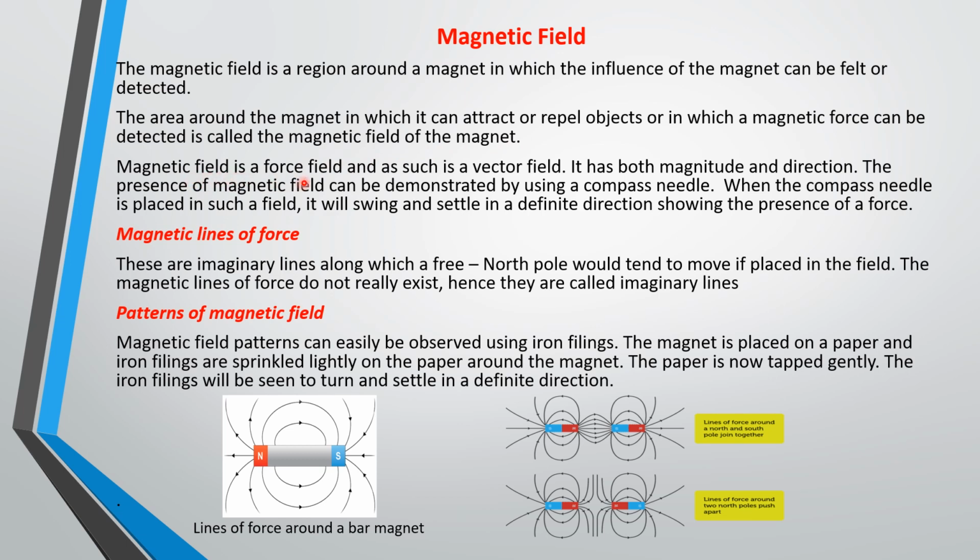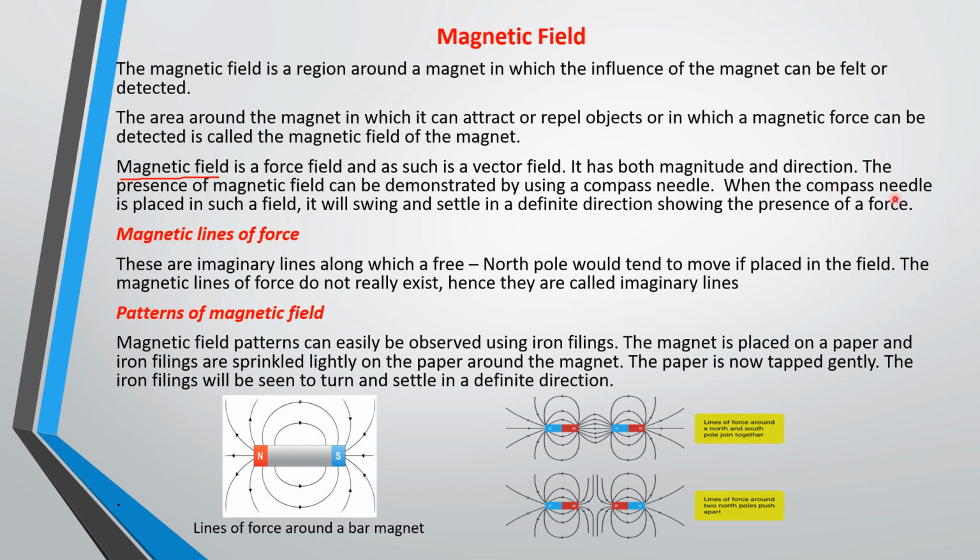Magnetic field is a force field, and as such is a vector quantity. It has both magnitude and direction, so you need to take note of that, because you can be asked which of the following is a vector quantity. So magnetic field is a vector quantity because it has both direction and magnitude. The presence of a magnetic field can be demonstrated by using a compass needle.